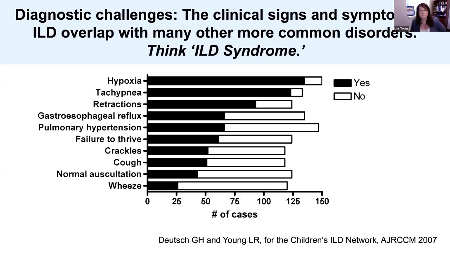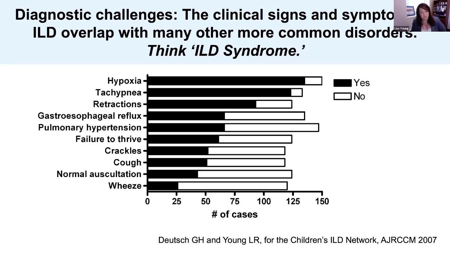But as we look for these cases, part of the challenge is that the clinical signs and symptoms for ILD really overlap with other more common disorders. So this is data from that network paper that I told you about where we pulled lung biopsy cases and looked at clinical features. And really the majority had hypoxemia, tachypnea, retractions, about half had reflux, some had pulmonary hypertension, failure to thrive was pretty common.